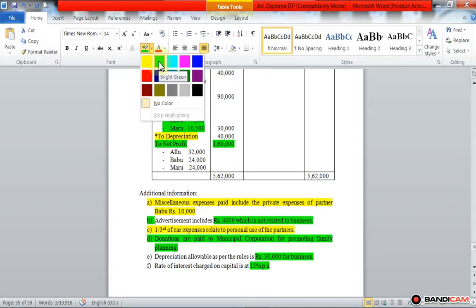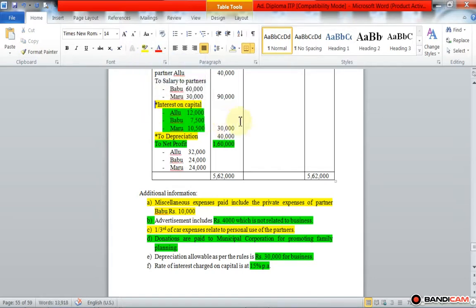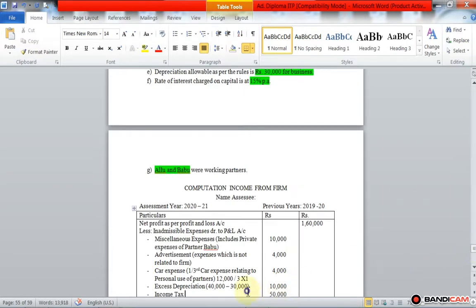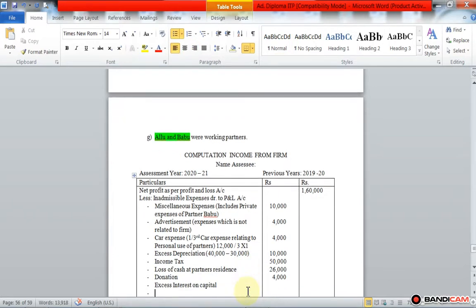So excess interest on capital is disallowed. So here for Alu, at the rate of 15%, interest is charged on capital amounted to rupees.